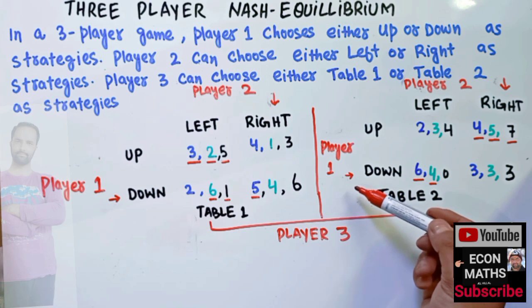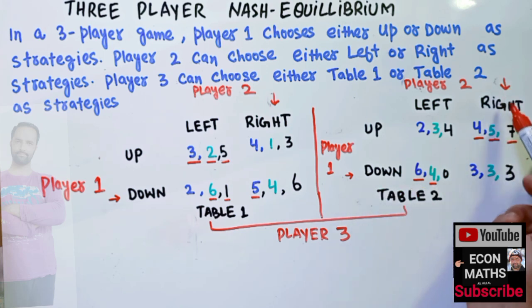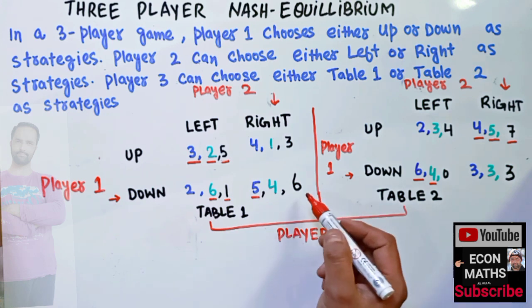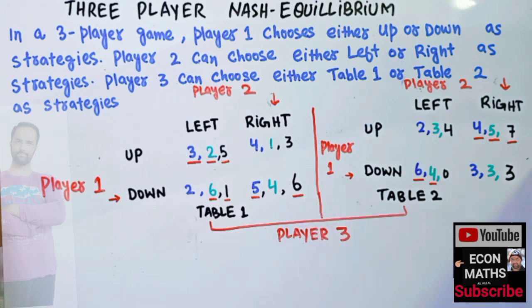And here when player 1 chooses to go down and player 2 chooses to go right, the payoff is here 3. Obviously 6 is greater than 3, he will choose this 6.